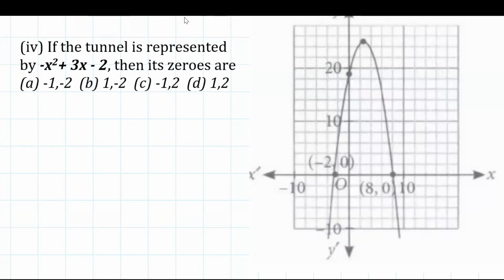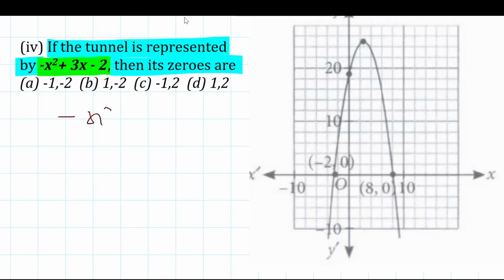In the fourth part, it says if the tunnel is represented by, we are given this polynomial, right? Including minus sign. Then the zeros of this. So clearly we have to find the zeros of this polynomial, that is minus x squared plus 3x minus 2. Either you can do directly, or if you are having problem, you can take minus common to make this as positive. Minus x squared minus 3x plus 2.